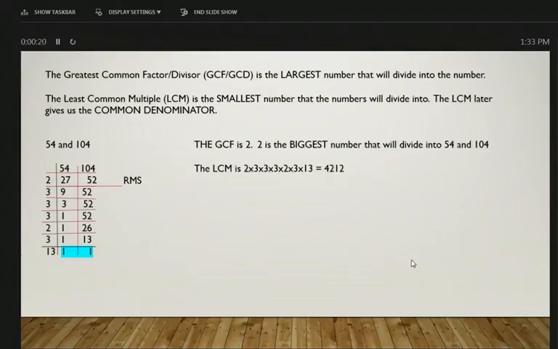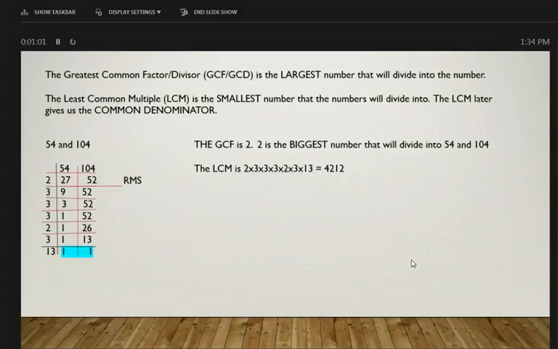I can't remember which one is which. I think it's the least common multiple. Anyway, there's two numbers I want you to be able to get from your table. One of them is the greatest common factor, the other is your least common multiple, and I think I got them backwards. I always forget. But one is the smallest number that will go into both numbers, and the other one is the important one. The big number is the important one. That's your common denominator later on. So, I think it's greatest common factor. I think I got them turned around. If I do, I'm sorry.